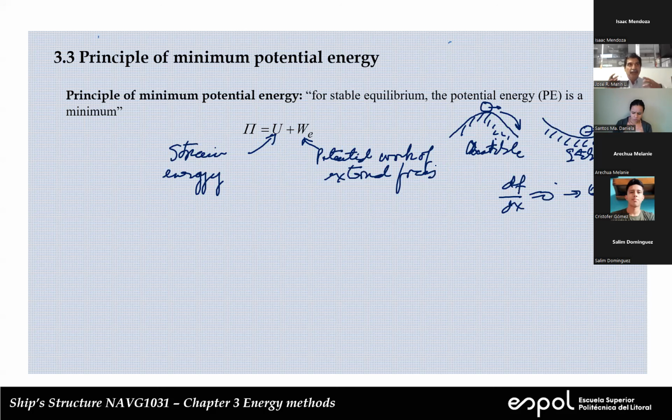So what we have to do in general is try to find several mathematical forms for the deflection and see which one causes the minimum potential energy. So it's going to be a much larger procedure.